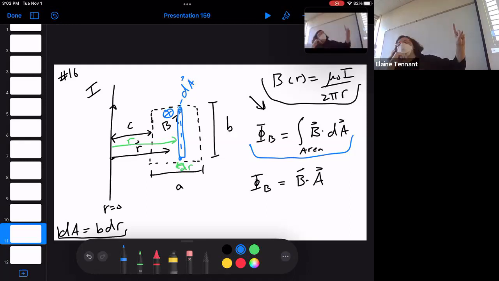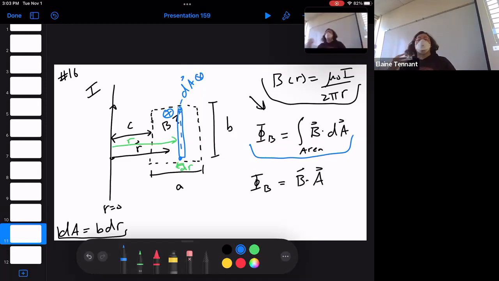Could it be towards the top of the page? It has to be perpendicular to my surface, right? Since it'd be easier not to deal with a minus sign, let's put my area vector into the page as well.